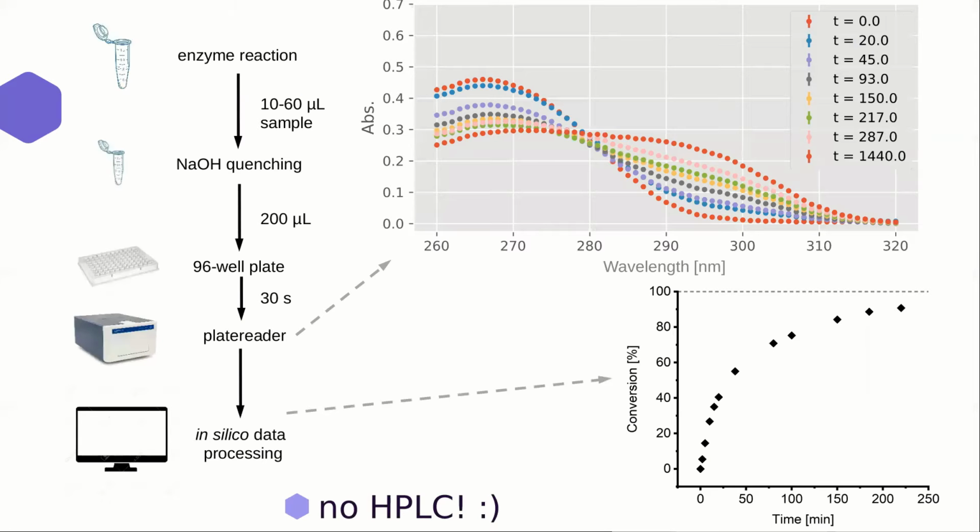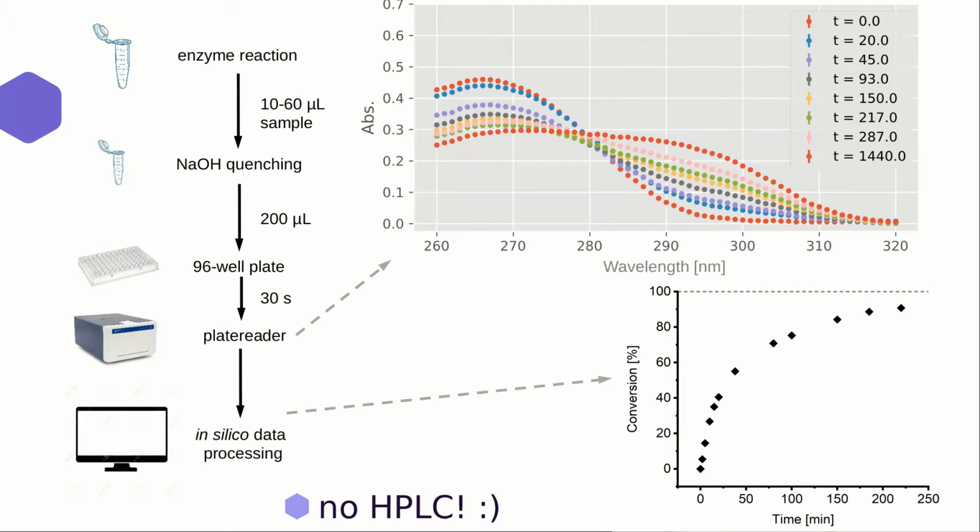And if you do this now in the lab, you have an enzyme reaction in an Eppendorf tube. You take a small sample and you quench it in a sodium hydroxide solution. You transfer it to a 96 well plate to 1 well, put it in a plate reader for 30 seconds. Then you get the UV-Vis absorption graphs.